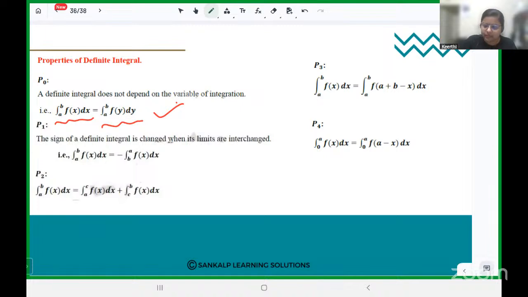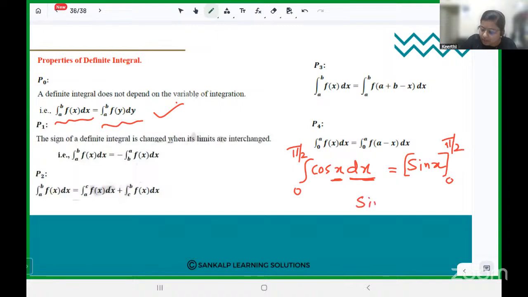If I explain it with the help of an example, consider integral 0 to pi by 2 cos x dx. The function is in the variable x, so the operator is dx. What is the integral of this function? We know integral of cos x is sin x, but x is varying from 0 to pi by 2.